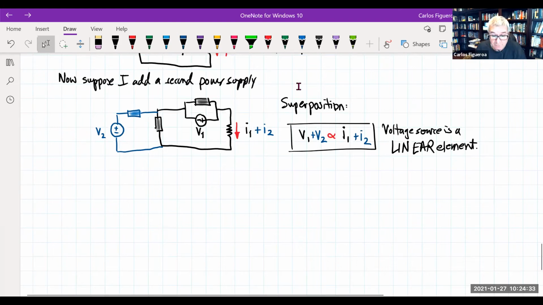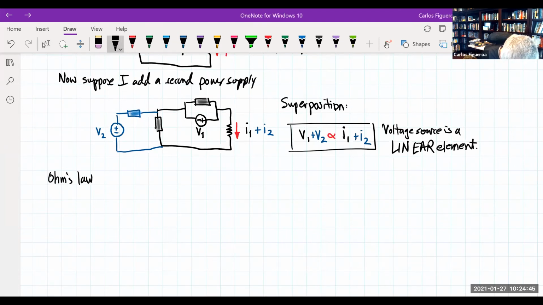So then let's go look at resistive elements. What do we know here? Ohm's law is clearly linear. And what do I mean by clearly linear? Plot the thing.